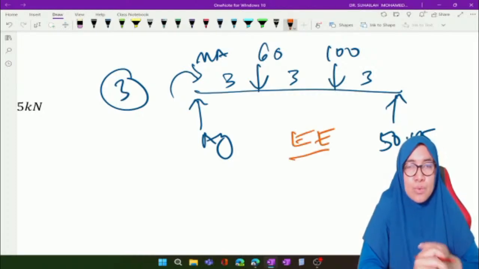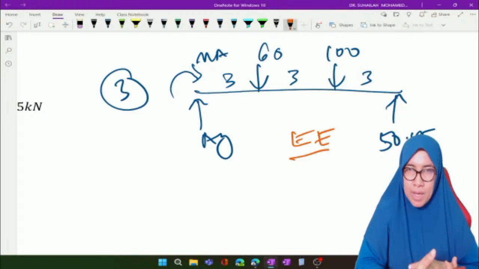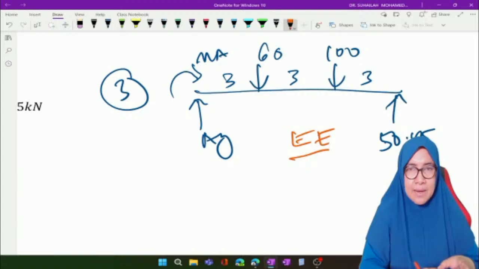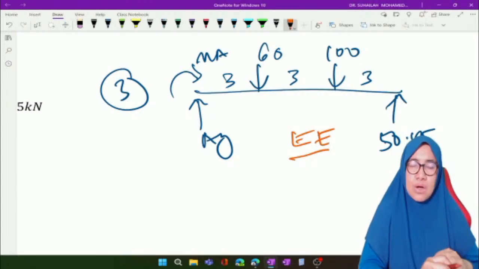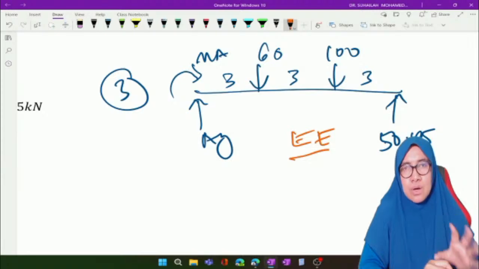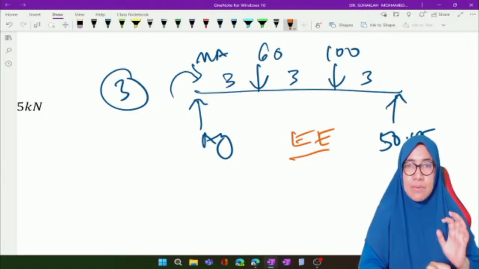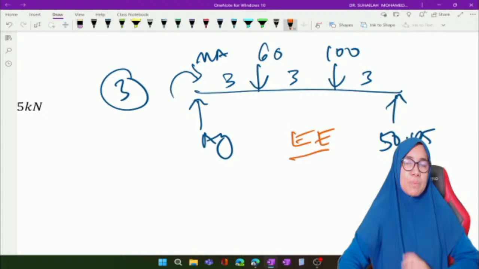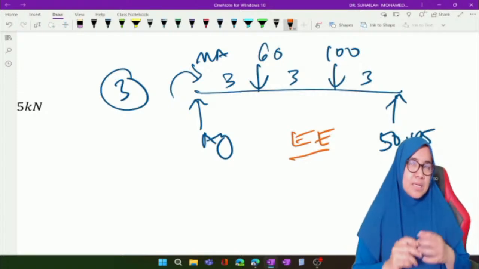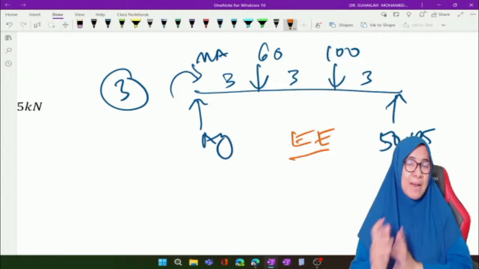Anyway, we actually have another choice, the easiest way, easier than this. It is called the superposition method. We can determine the 3 remaining reactions either using equilibrium equation, or we can also use the superposition method. It is actual beam equal to primary beam plus redundant applied.